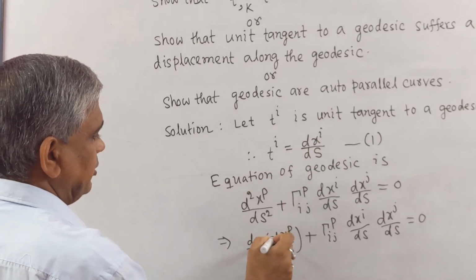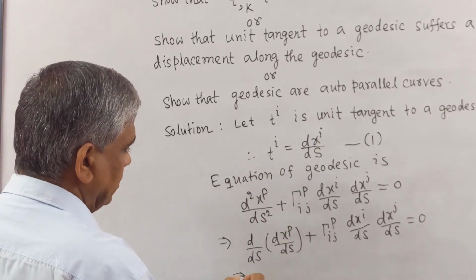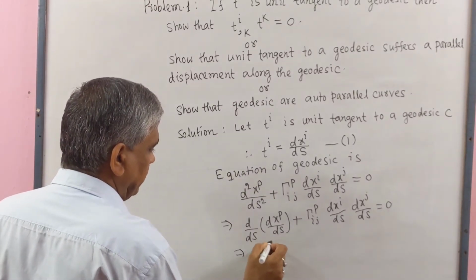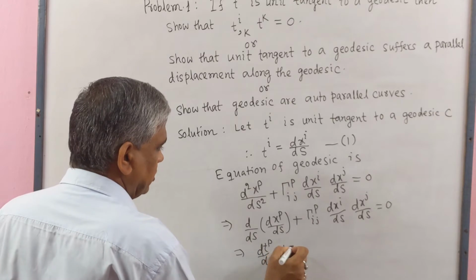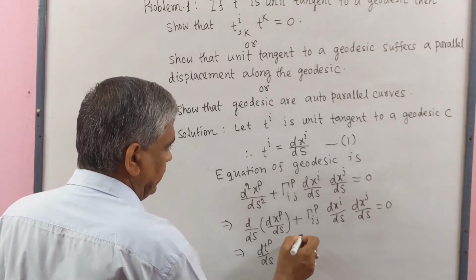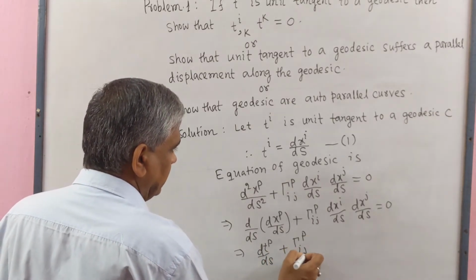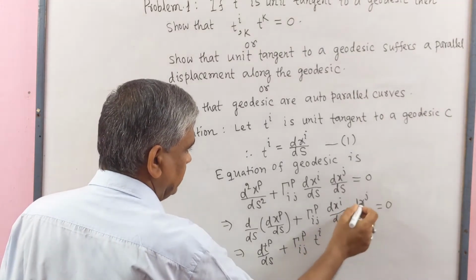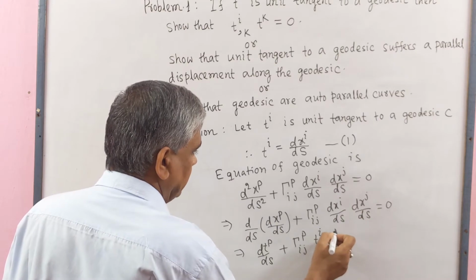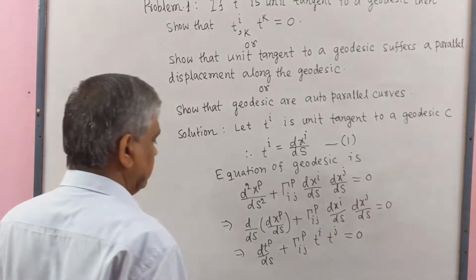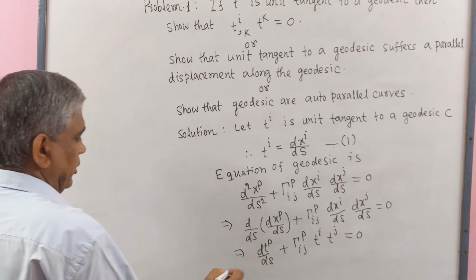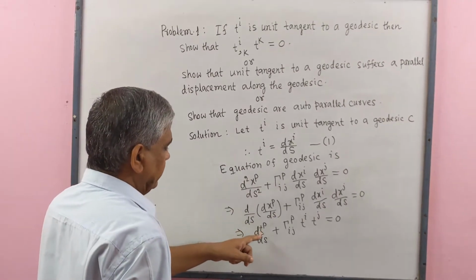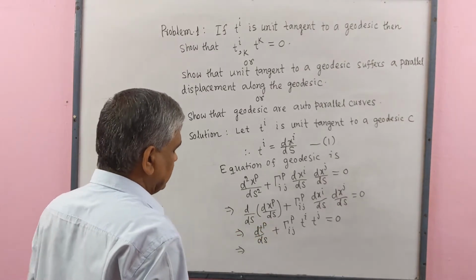Here dxp by ds is Tp. So d by ds of Tp plus Christoffel symbol of the second kind p ij, this is Ti and this is Tj, equals 0, implies that this is dTp by ds.